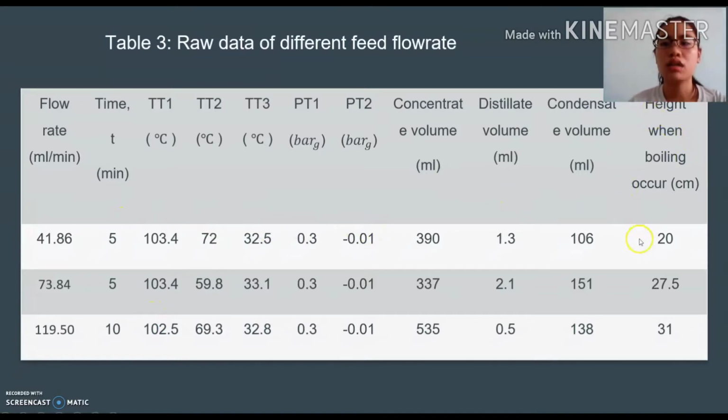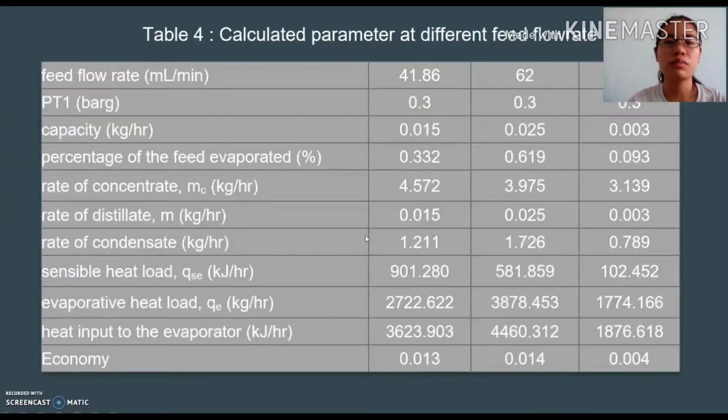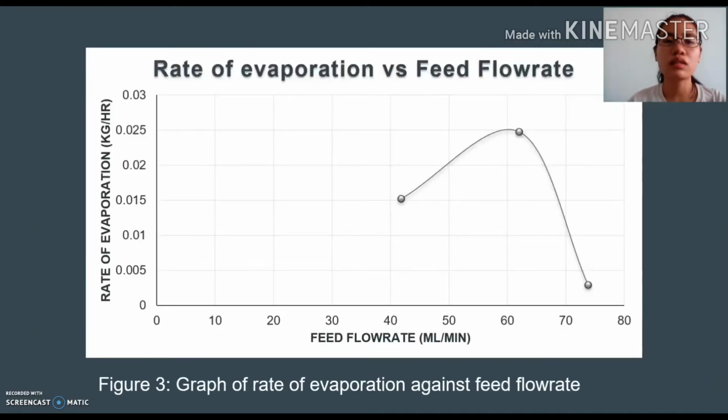As you can see, we also obtained the same result as the previous one. And now this is what the graph looks like. When the feed flow rate increases, the rate of evaporation increases.